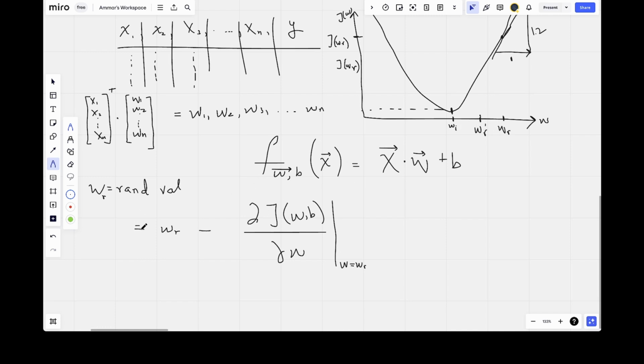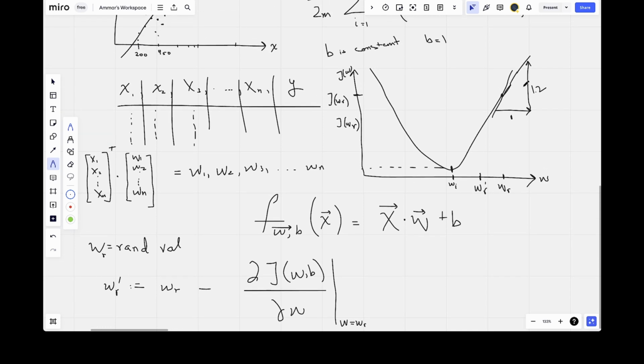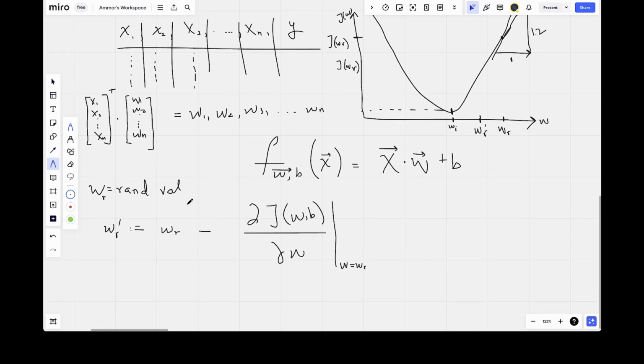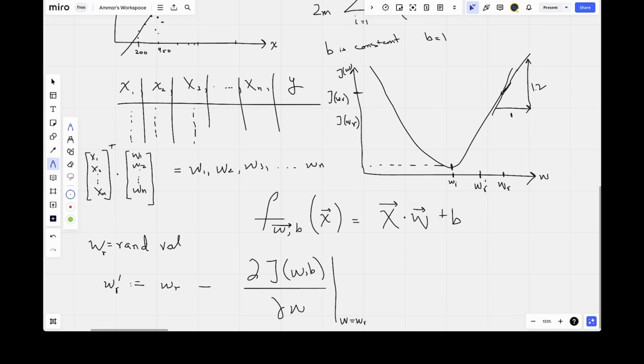We assign this to wr, and this becomes wr prime, right? But the problem with that is, if the value of wr is very small but the slope here is very large, you're going to end up with a negative number. So you also want to control how much you decrease the value of wr, or rather, how much you want to jump on this curve.